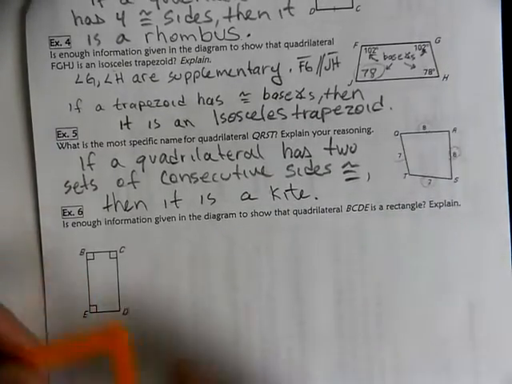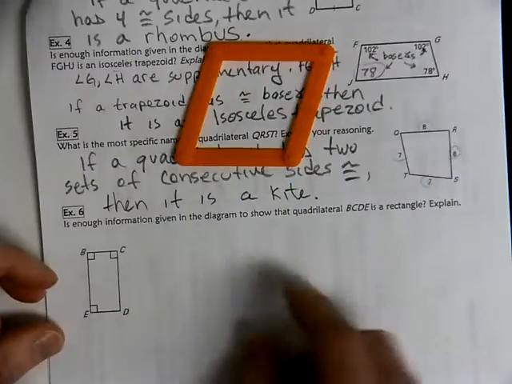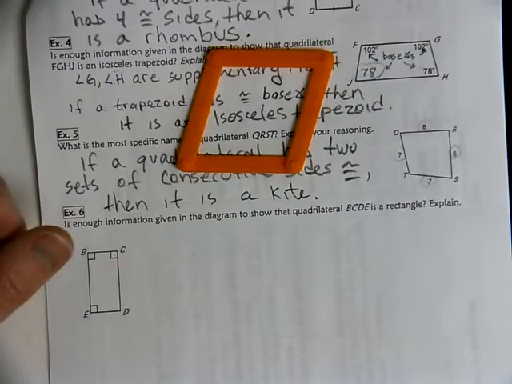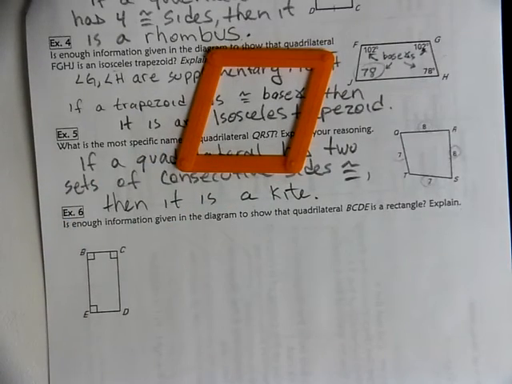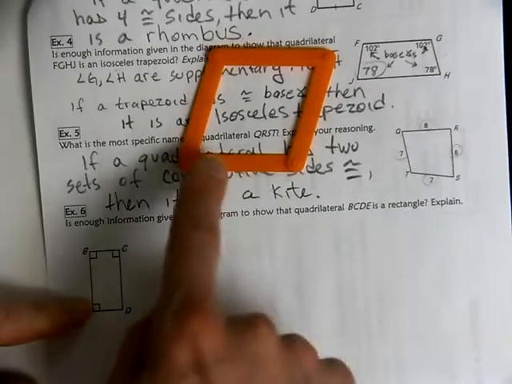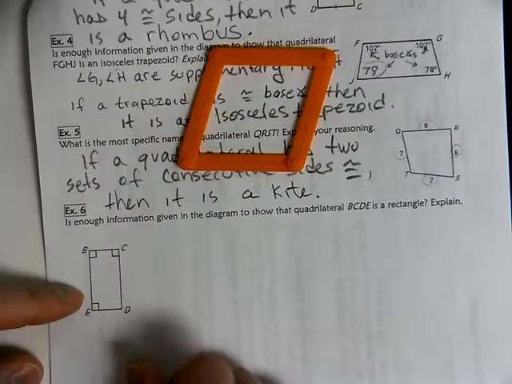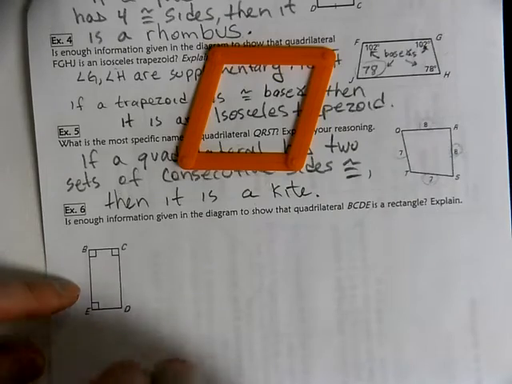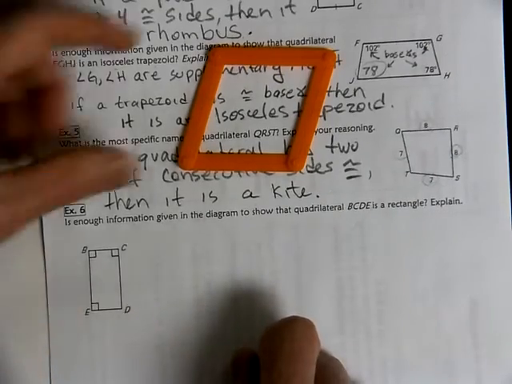We would not say that a rhombus has two sets of consecutive sides congruent. It's true, it does, but we would not say this shape is ever a kite. Okay? It is a rhombus. A rhombus is not a special type of kite.